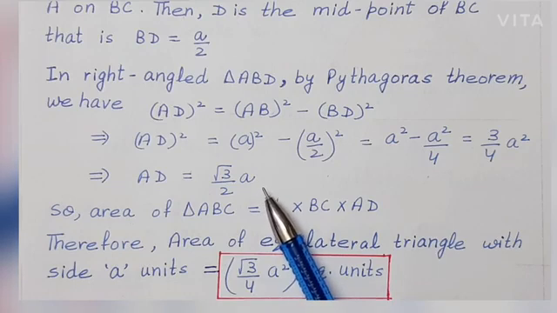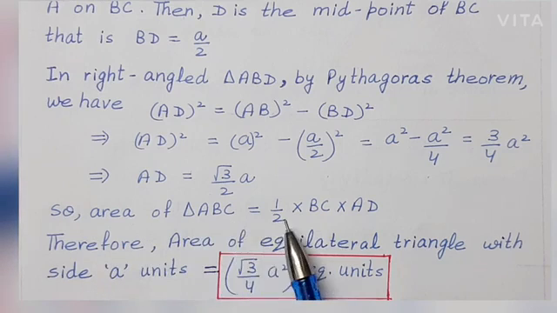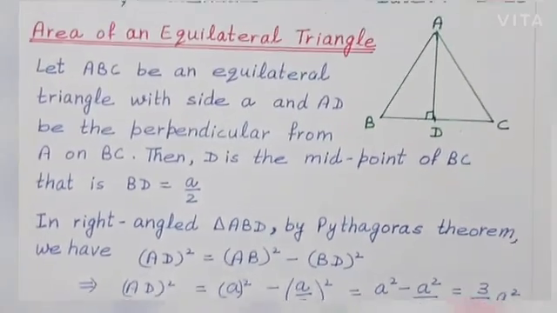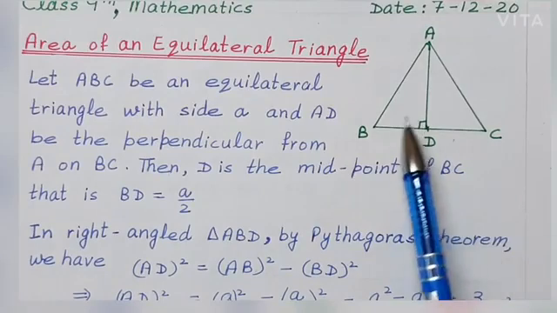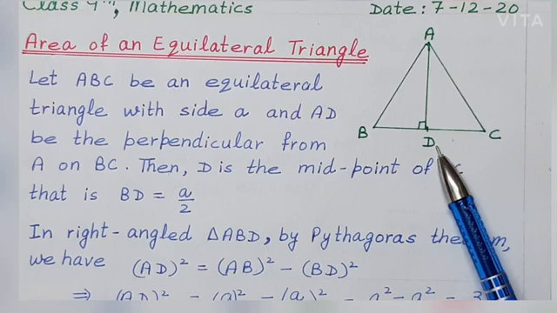Now we know that area of any triangle is equal to half into base into height. In the same triangle, BC is the base and AD is height.